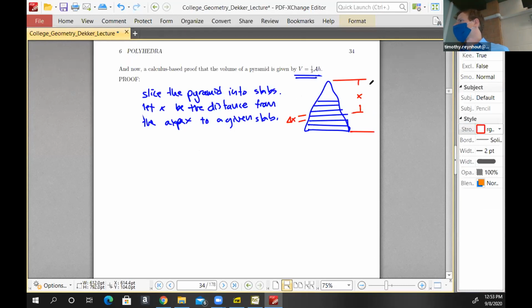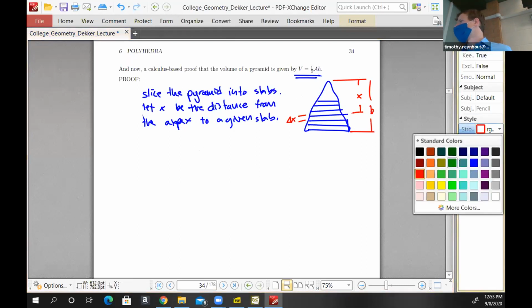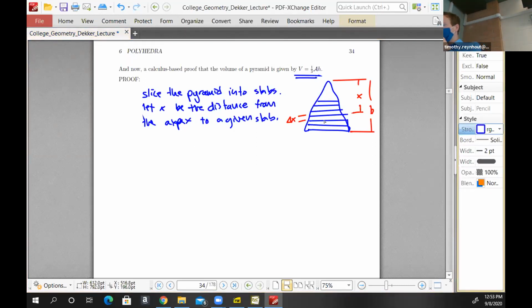If the overall height is h, then we can find a way of expressing the volume of these slabs. So the shape of each slab is similar to the base.